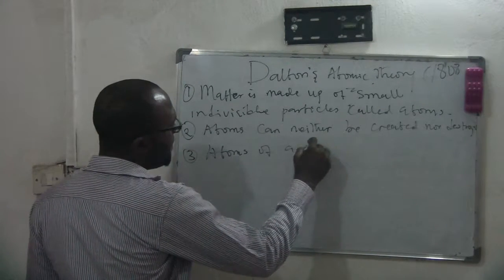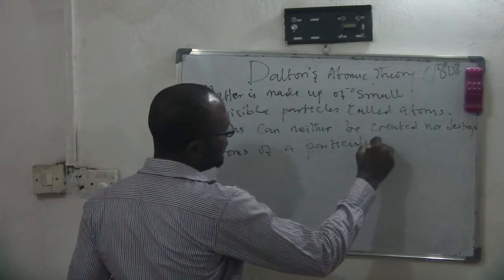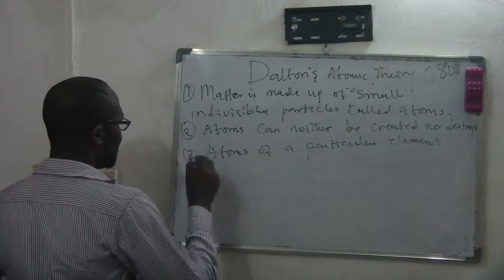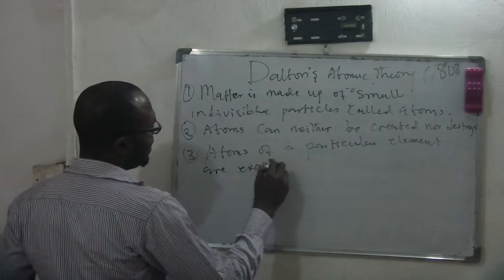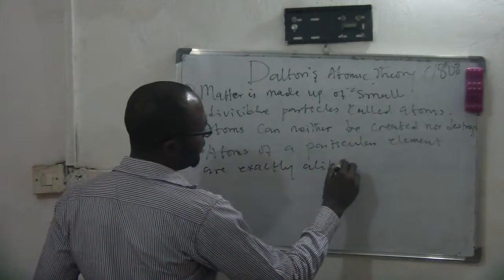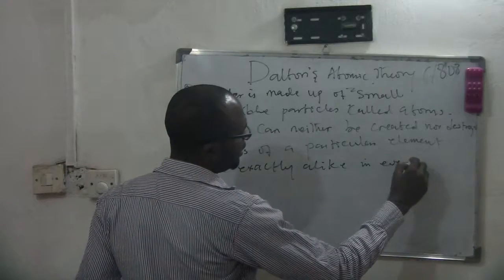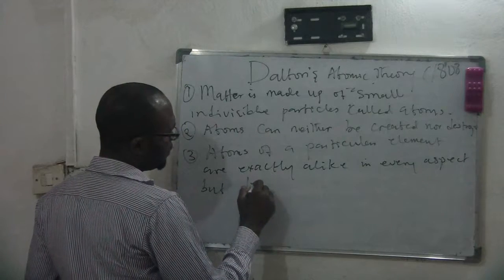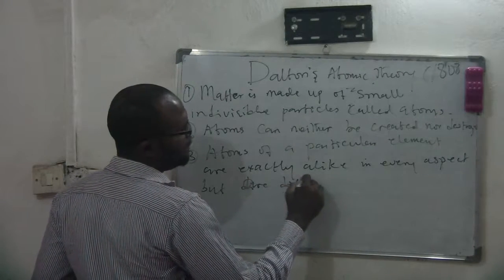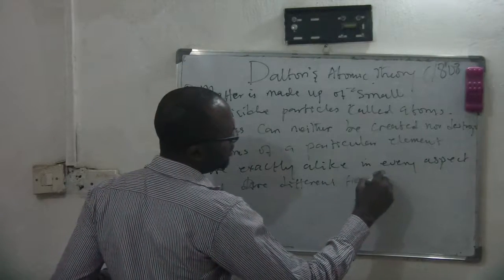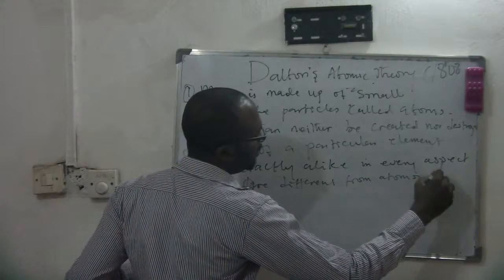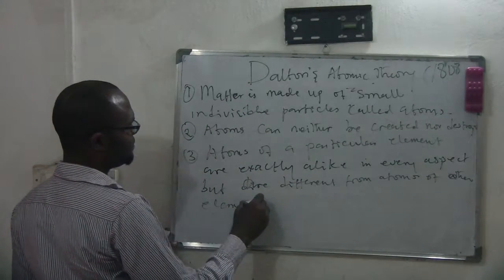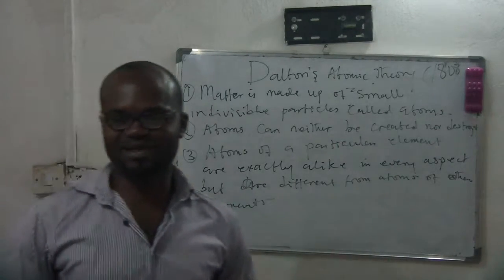Atoms of a particular element are exactly alike in every aspect, but are different from atoms of other elements.